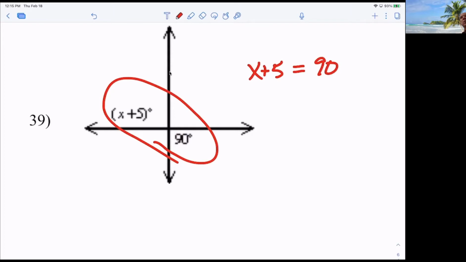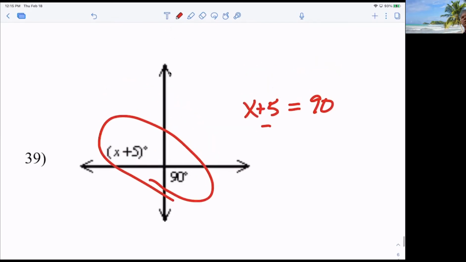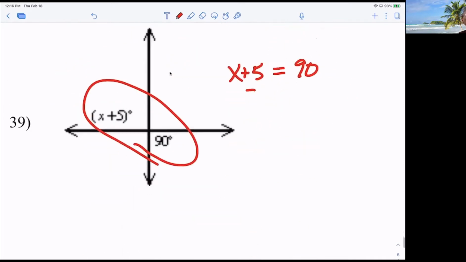Just a minute, Cole. How do I? No. You can't combine a number and a variable. Minus how many? Yeah, subtract 5. Just like up here, I got rid of plus 4 by doing what? You with me or not? So I subtract 5.